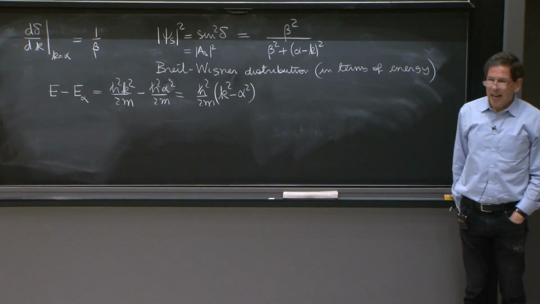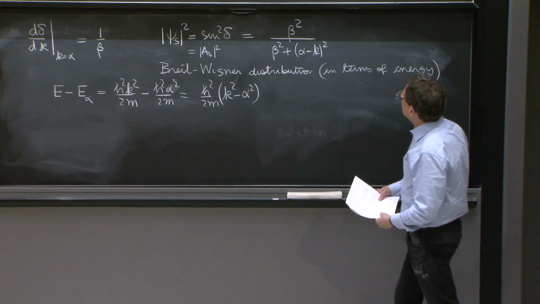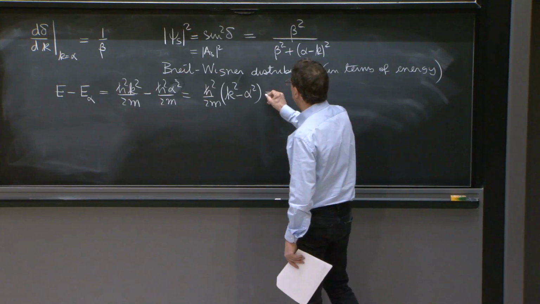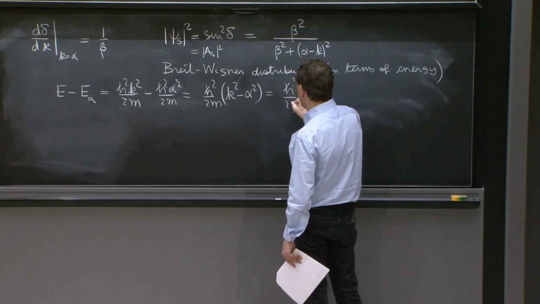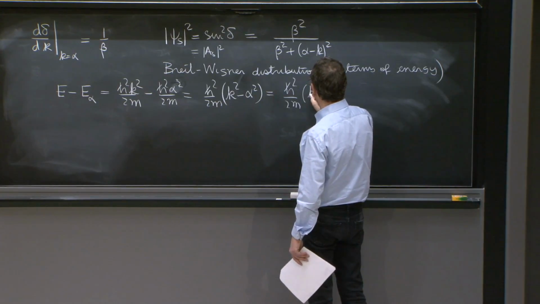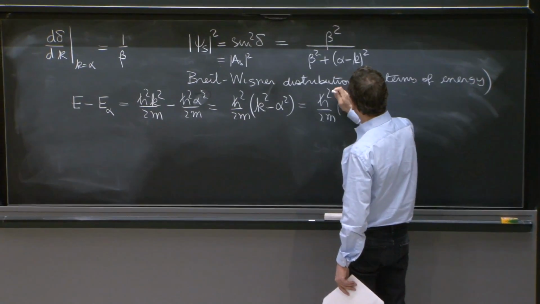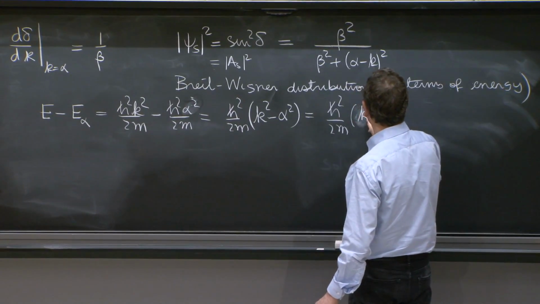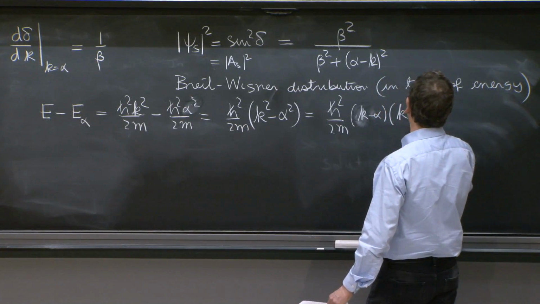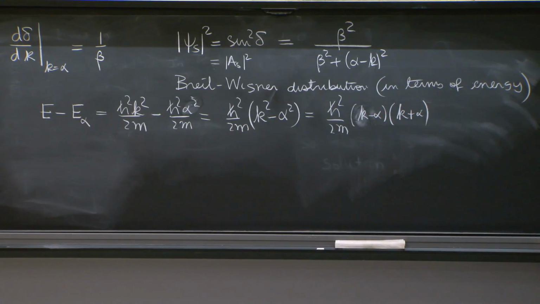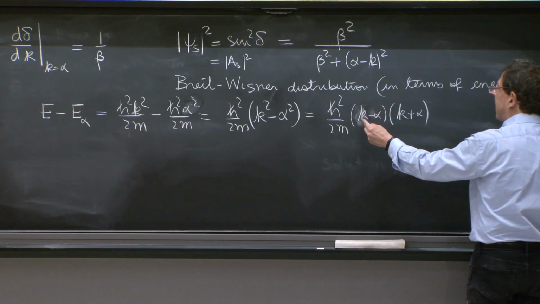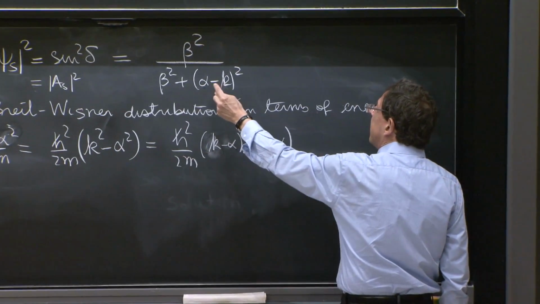So, approximations. If the resonance is narrow enough, if beta is small, let's do an approximation here. Everybody does this approximation, you shouldn't be afraid of doing it. It's h squared over 2m times k minus alpha times k plus alpha. And the approximation is that all the interesting thing comes from the difference between k and alpha, how close k is to alpha.